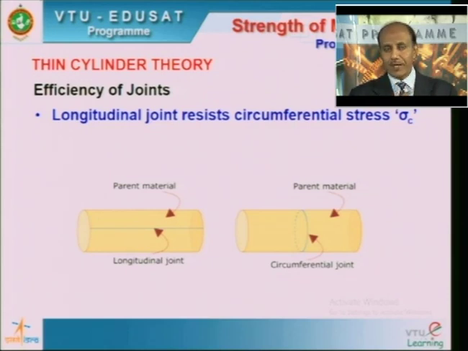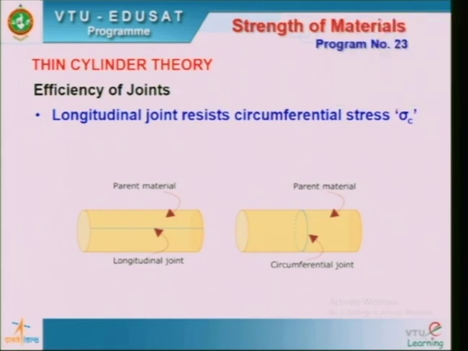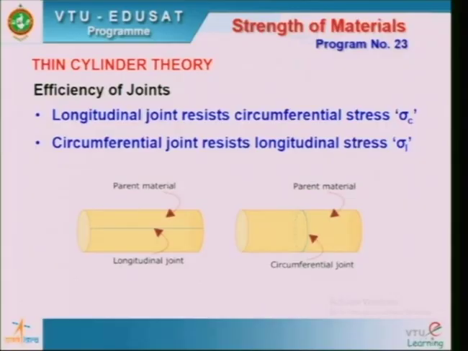So the longitudinal joints are subjected to circumferential stress. On the other hand, circumferential joints resist longitudinal stress. You have the circumferential joint, and perpendicular to that the longitudinal stress acts. This is very important for you to understand, correct.